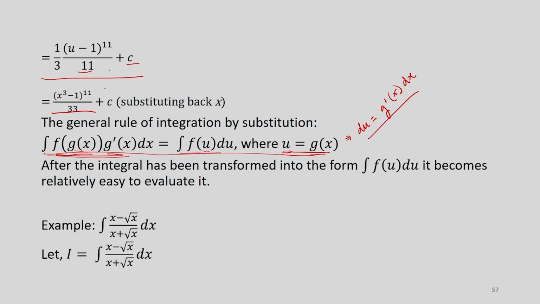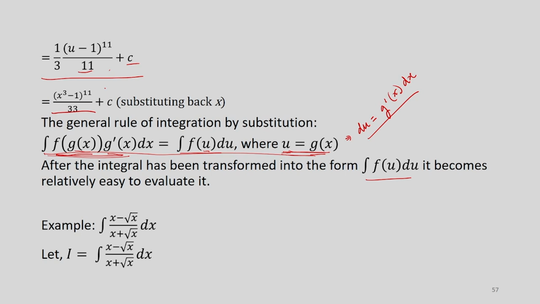Therefore, this expression becomes simply integration of f(u) du, and if it is just integration of f(u) du, then it is easier to evaluate. So, that is the general method if we are relying on integration by substitution.